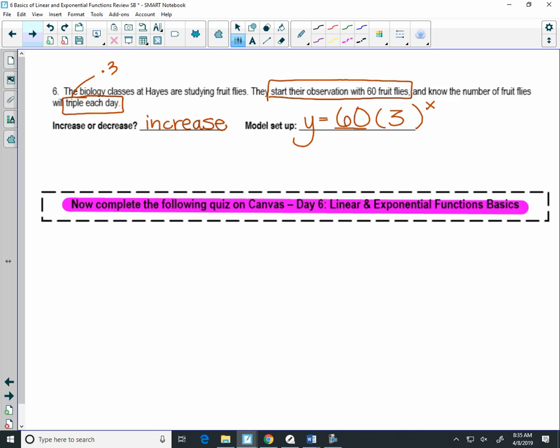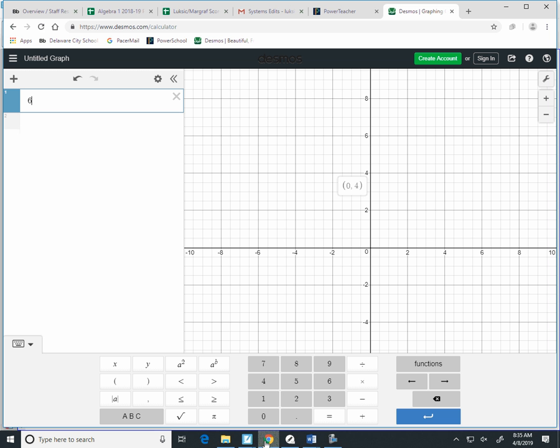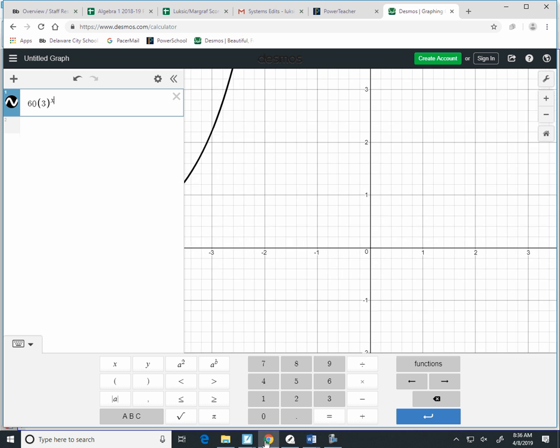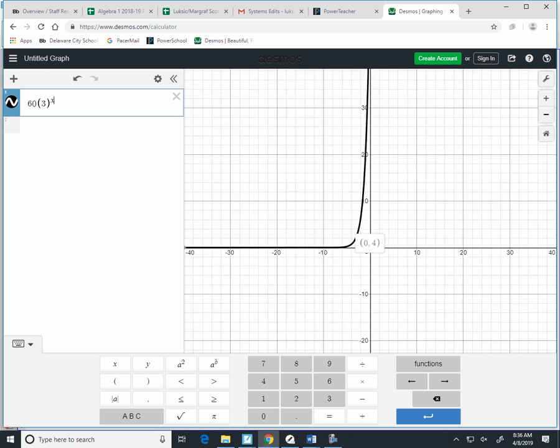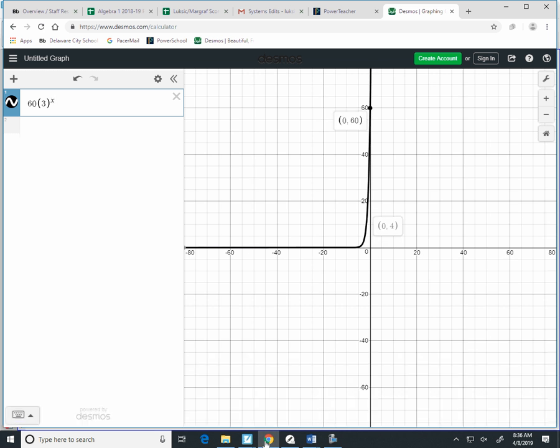If I was doubting myself about whether I have the right starting amount, I would put it into Desmos. 60 times 3 to the x. And then I would have to zoom out a lot. But, hey, that's start with 60.